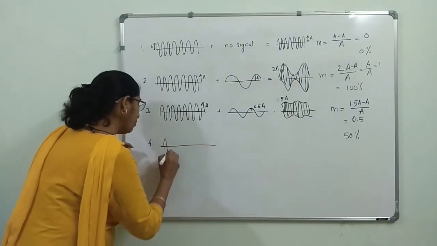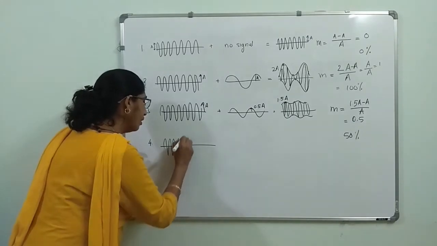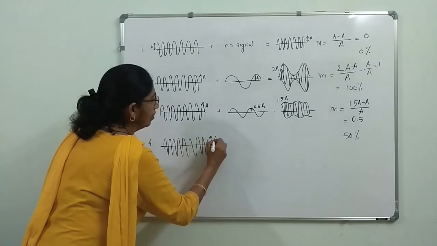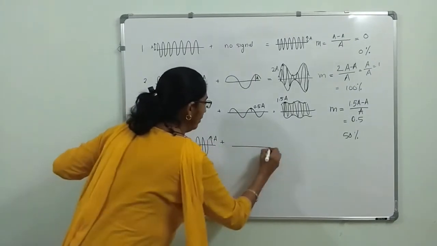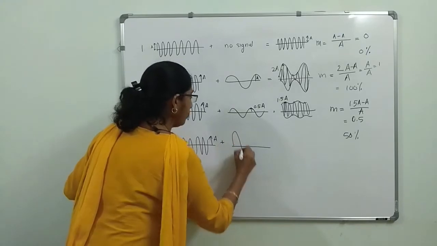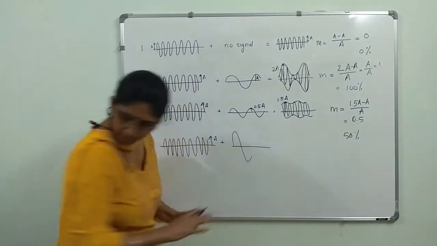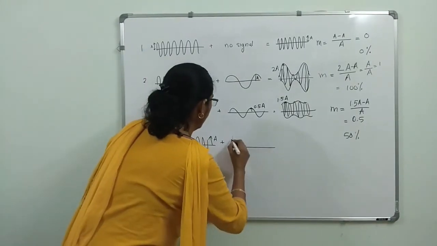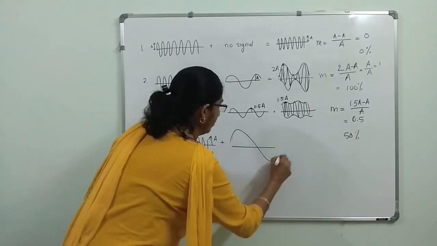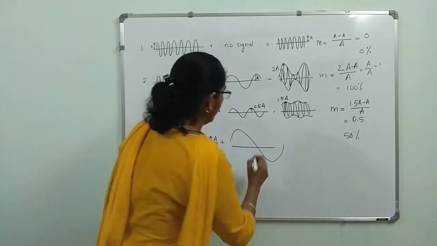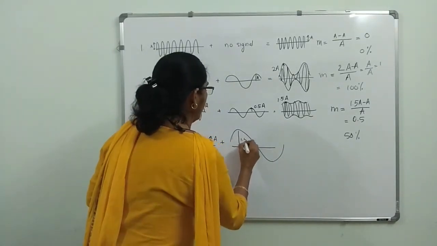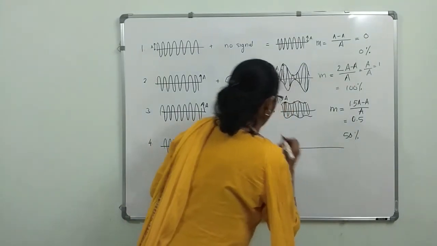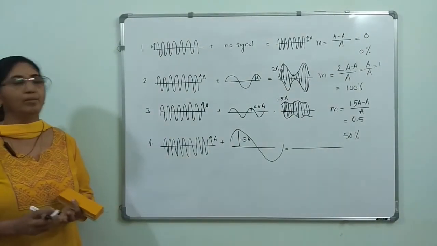Again, carrier wave has got amplitude A, plus our signal which is having an amplitude say 1.5A. Can you draw what will be the modulated wave?